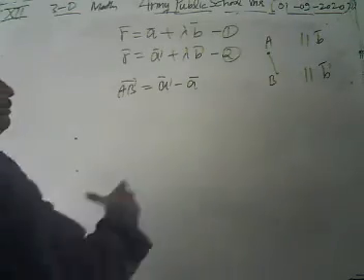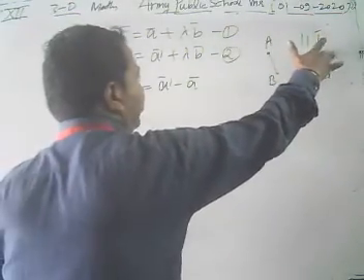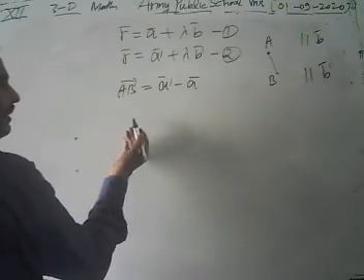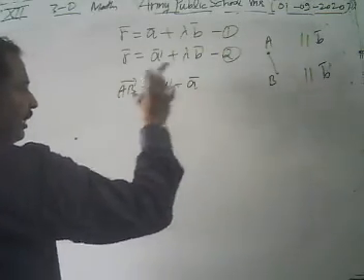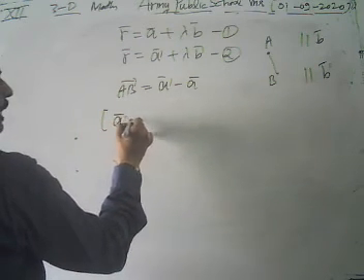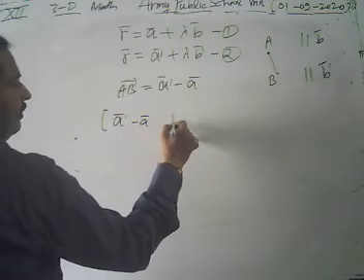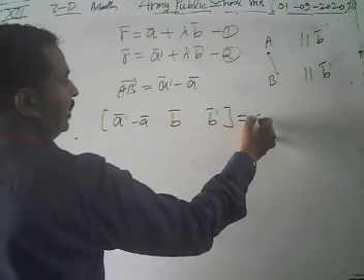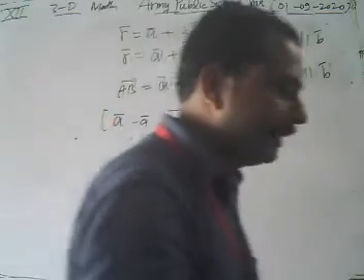What would be our condition? The scalar triple product of the vectors A' minus A, vector B and B' must be 0.